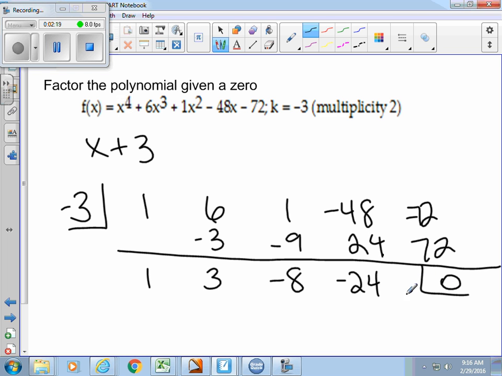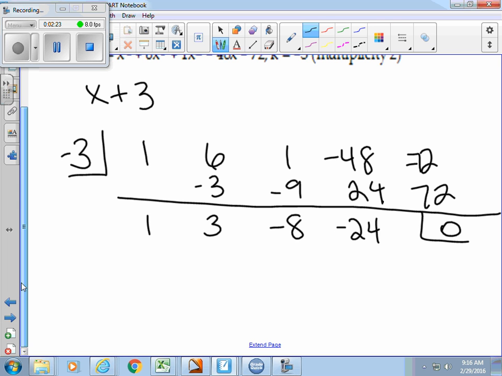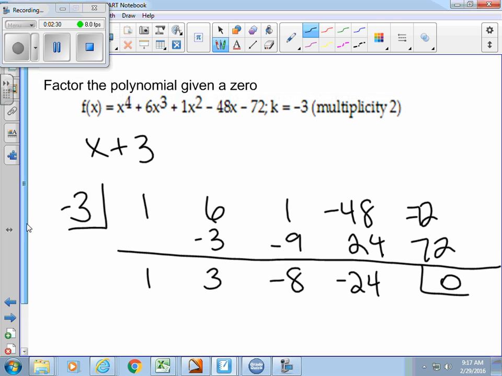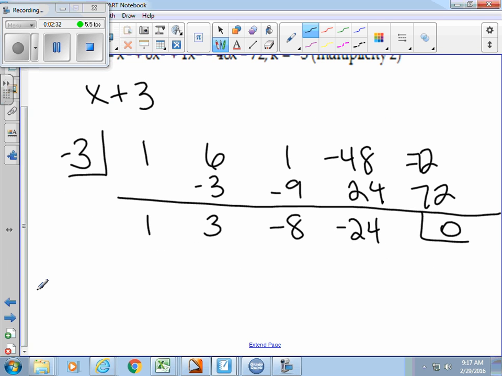If I didn't get 0 here, what would I do? I would know that it was a remainder, but if they told me that this was a 0, then I did something wrong, right? Or it's a bad problem, one of the two. Is that negative? This one up here is, yes.